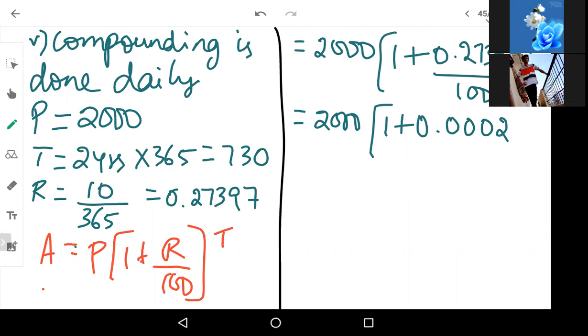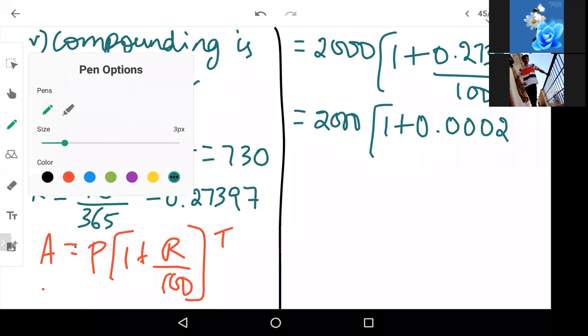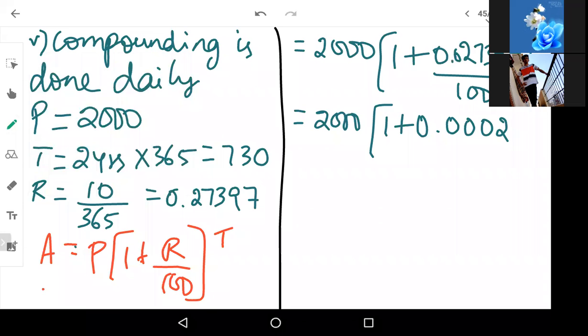Wait, 10 divided by 365 is 0.02. Okay, here also you have another 0. So that is why you get 3 zeros. See this part of the value. This is 0.02. So then it will become 3 zeros.